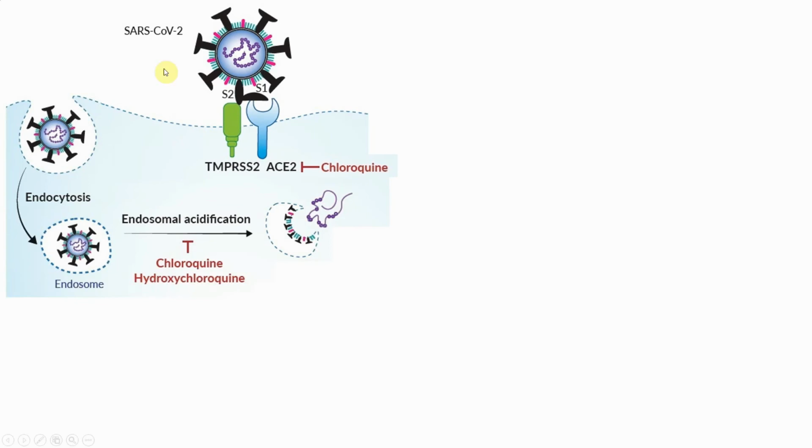As you see in the picture, chloroquine can inhibit the spike and ACE2 from binding together, but sometimes COVID-19 can induce endocytosis in the cell and the formation of the endosome. But with the help of chloroquine and hydroxychloroquine, which I mentioned on the last page, it can prevent endosomal acidification. In this situation, the endosome cannot open, and the virus stays inside the endosome and can easily be degraded.